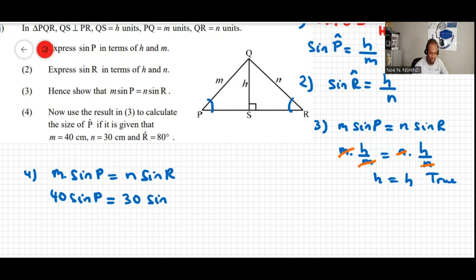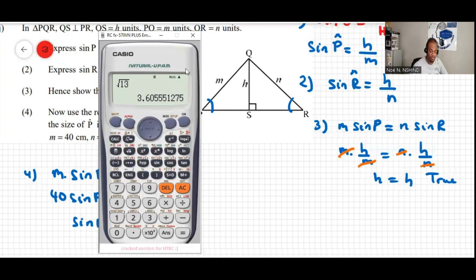Sine R is 80 degrees. We divide both sides by 40 centimeters, so sine P equals 30 sine 80 degrees divided by 40.